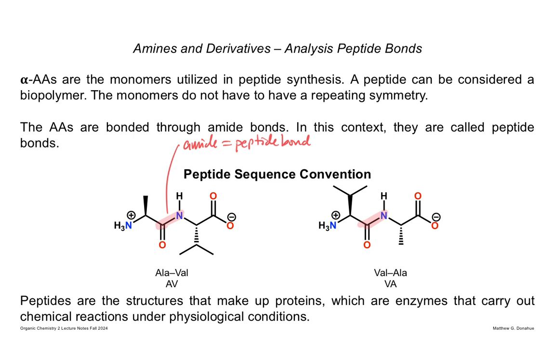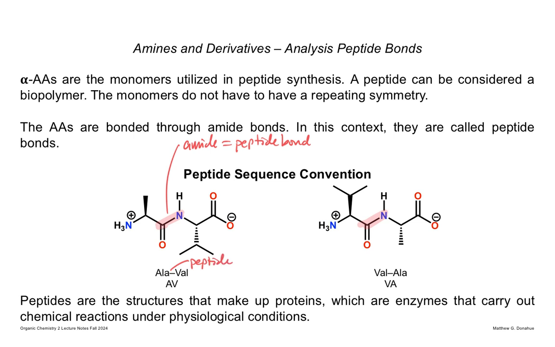And as shown here, we have 2 amino acids, alanine bonded to valine. We see from the 3-letter abbreviation this little hyphen here in the middle? That's to designate the peptide bond.